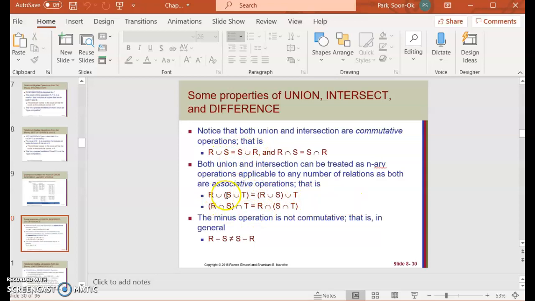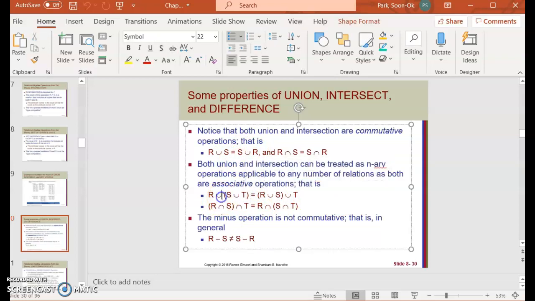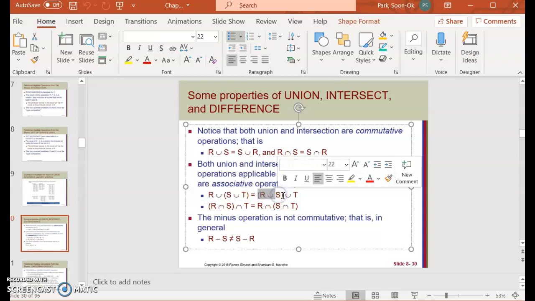You can apply S union T and then union R, with the same output as R union S and then union T. But minus is not commutative, because R minus S is not the same as S minus R.